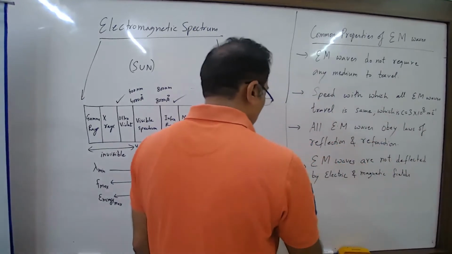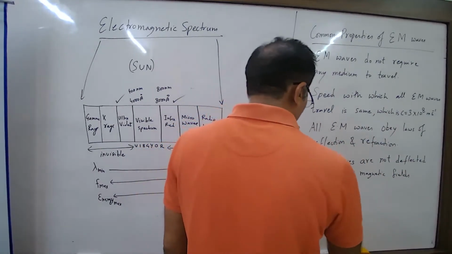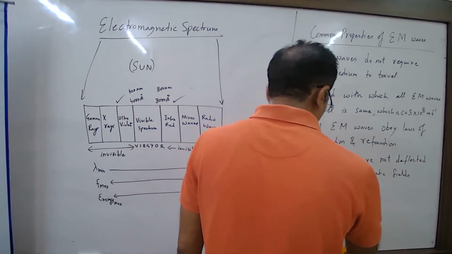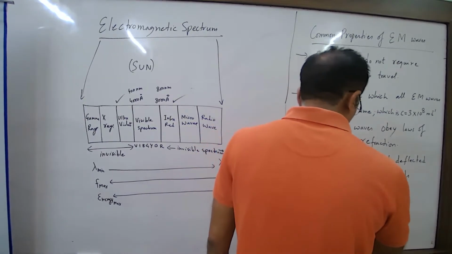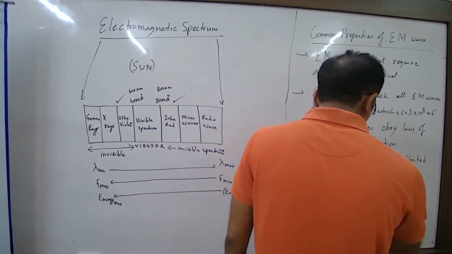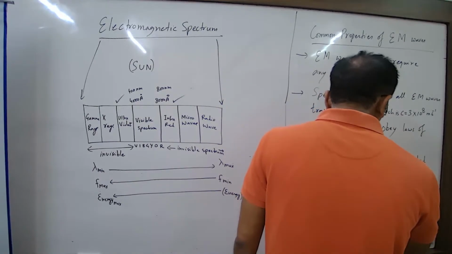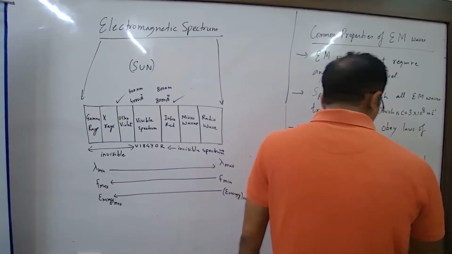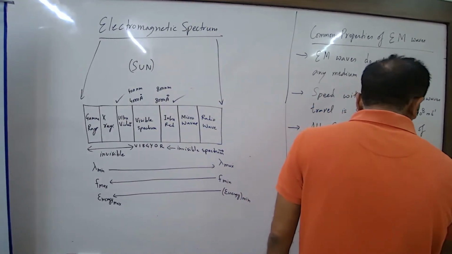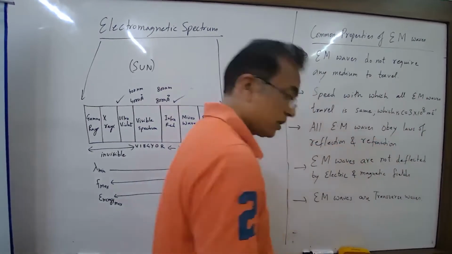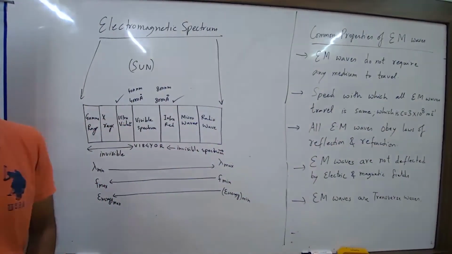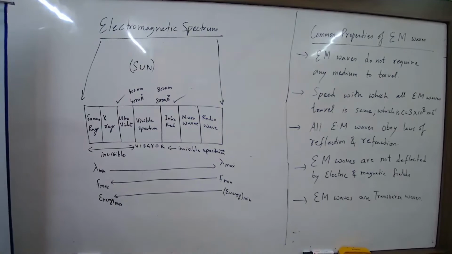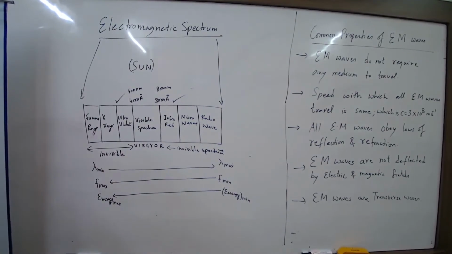Again, तीसरा, EM waves are transverse waves. Transverse waves. Okay? Everybody understands the last 2 points?